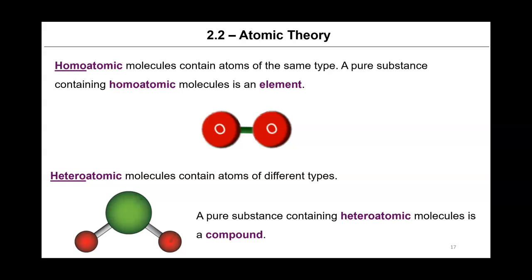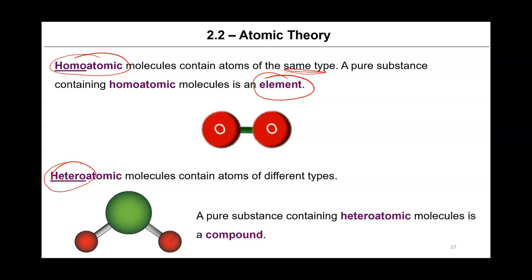In addition to classifying molecules according to the number of atoms contained within the molecule, we might also classify a molecule according to the types of atoms that are present in the molecule. Homoatomic molecules contain atoms of the same type. A pure substance containing homoatomic molecules is an element, so our 7 diatomic elements are composed of homoatomic molecules.